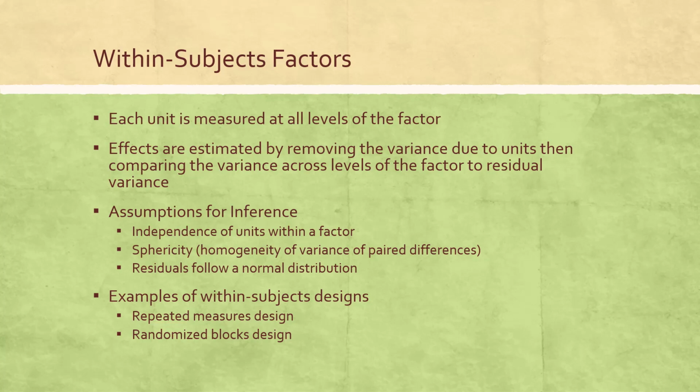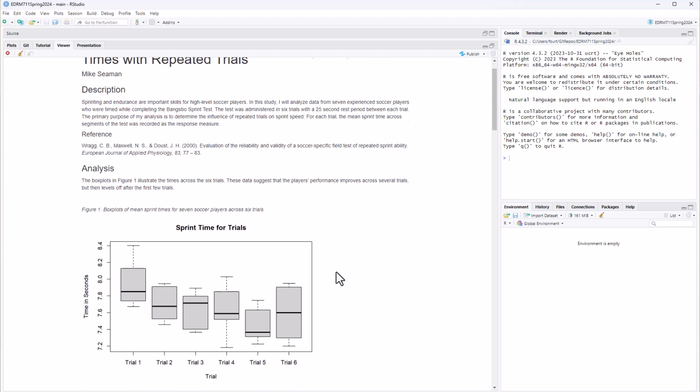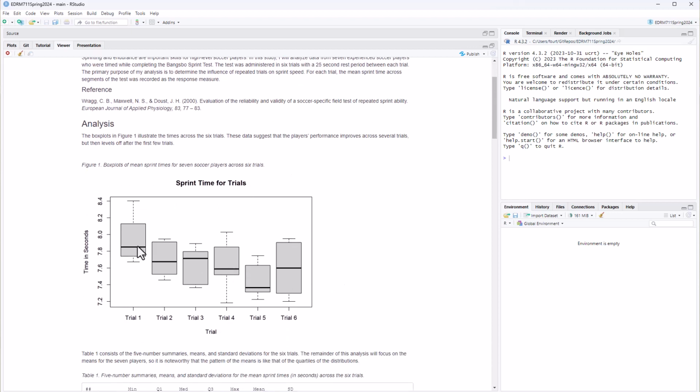Referring again to a study that we looked at in a previous video series, I looked at soccer players' sprint times with repeated trials. So when we look at these box plots, unlike with a between subjects factor, each box plot is made up of participants in the study, and in fact, each box plot is made up of all participants in the study.